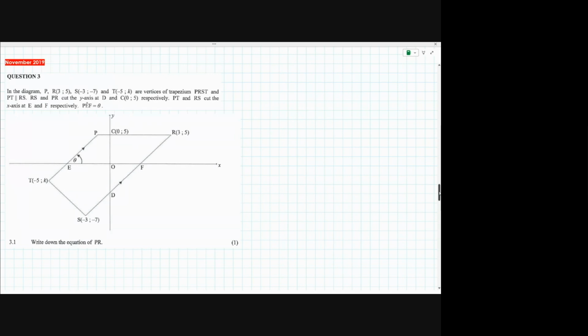The next thing that I want you guys to notice is that you were given the coordinates of C and R. Who can tell me what they notice about those coordinates? Is something the same? Is something different? What do we notice? Nice, Owami.